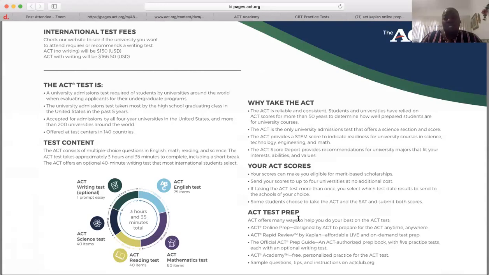Some students take both to see which test they've scored higher on. There's an ACT, SAT concordance table. You can Google it and see this was my ACT score, this is my SAT score, and some students determine, well, hey, we'll submit our highest score to colleges and universities.